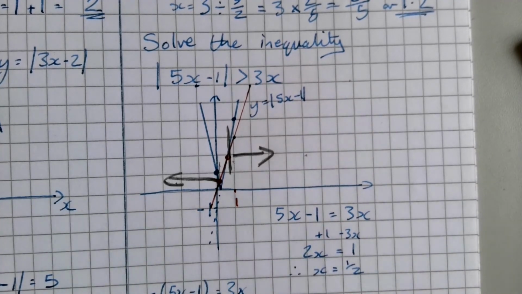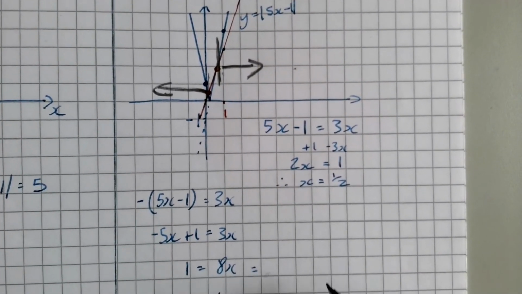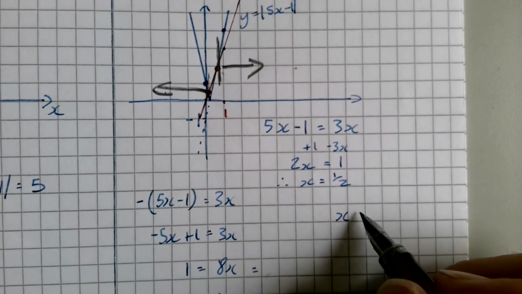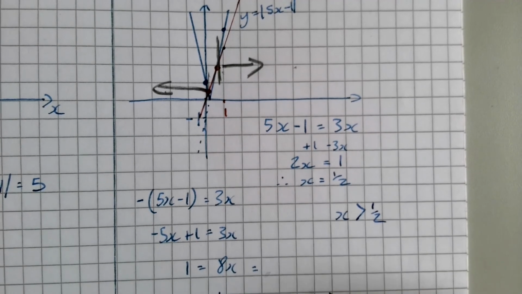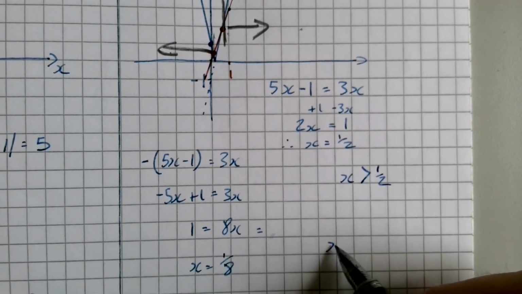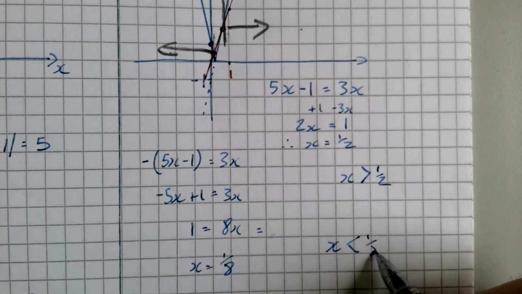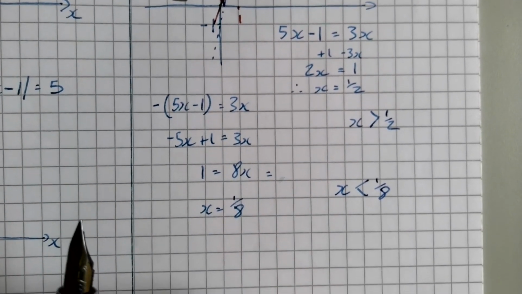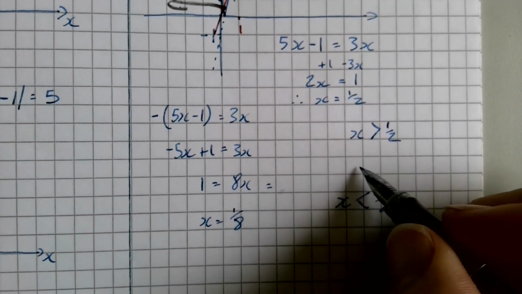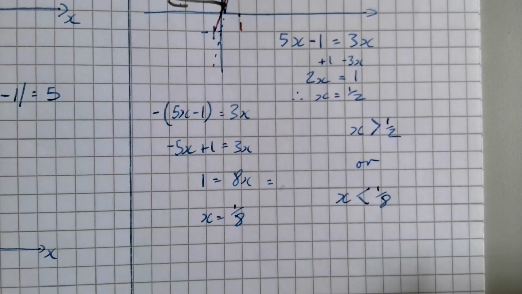So we've got x is bigger than a half, we've got x is smaller than an 8. So it's that or that, isn't it?